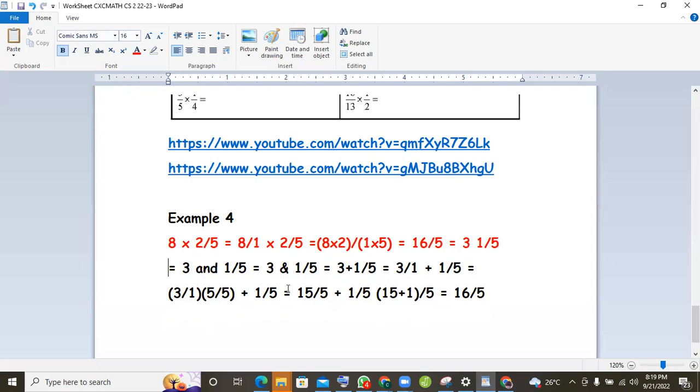Now, when you convert a mixed number to an improper fraction, you do the reverse: you multiply and you add, and you're getting back your improper fraction. So all in all, if you are to multiply this, you have to do this, the 3 1/5. There's an invisible plus between the whole number and the proper fraction. Please take note of that and how to convert a mixed number to an improper fraction.